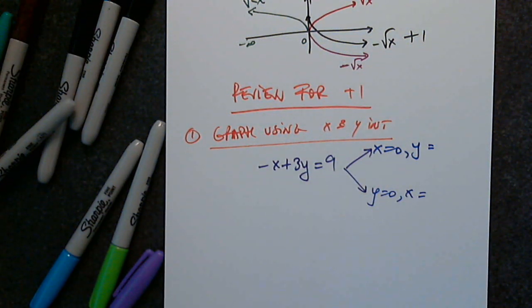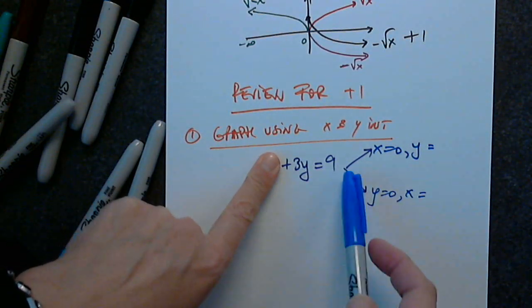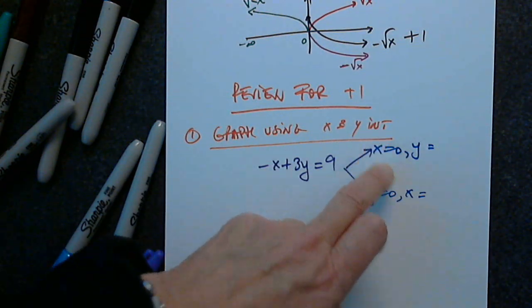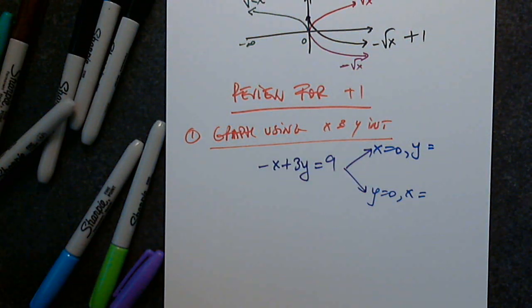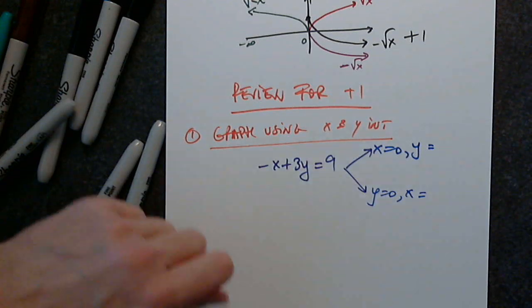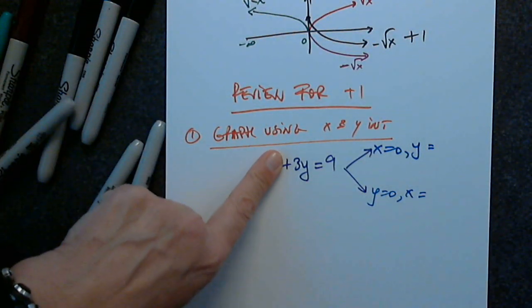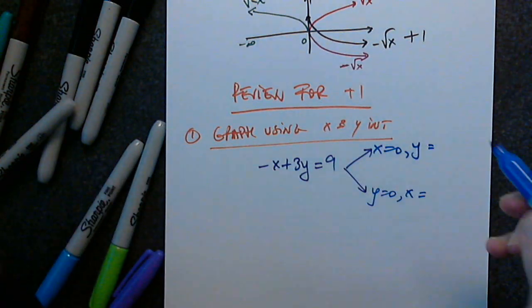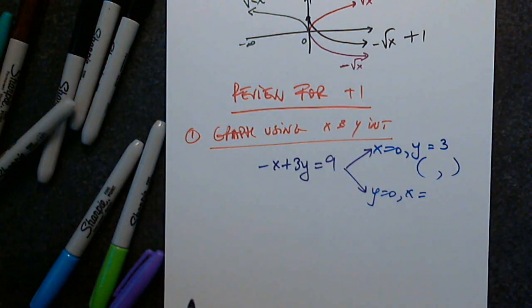Can anyone tell us, when x is 0, all we have to do is just cover it. What does y equal? So when x is 0, cover it. Please tell me how much is y. Very good. So what is the ordered pair that we have to plot?